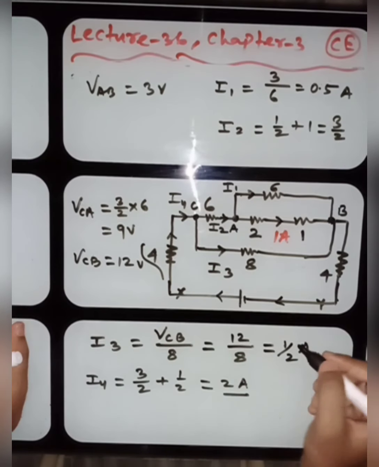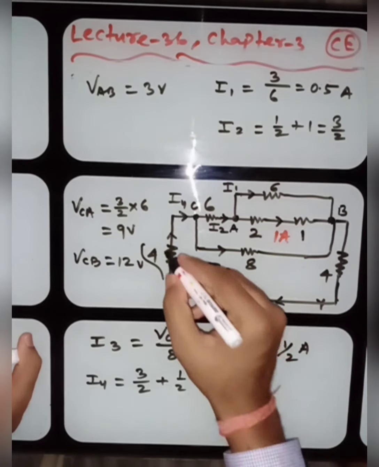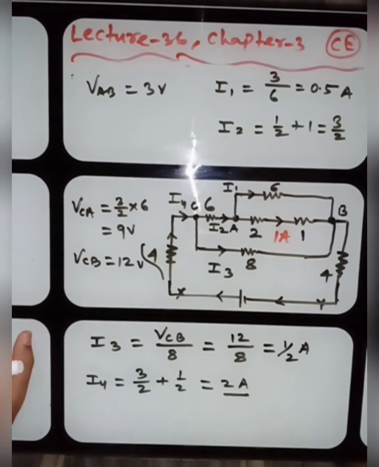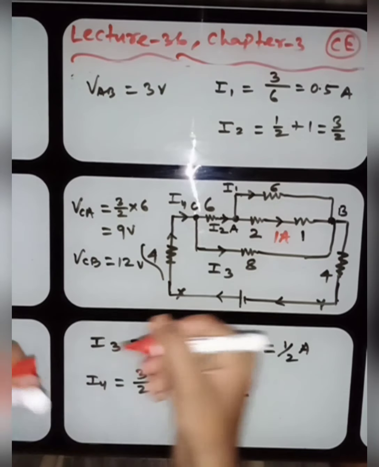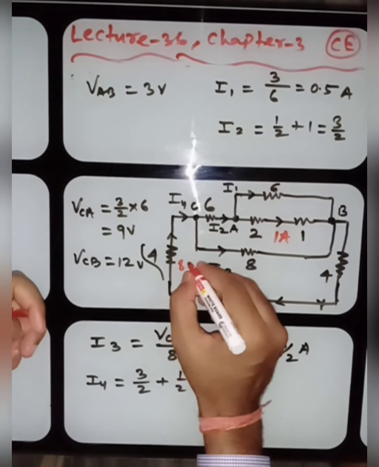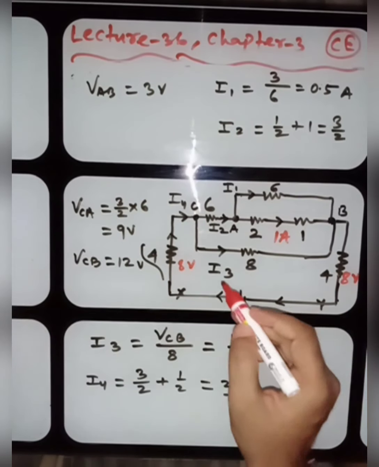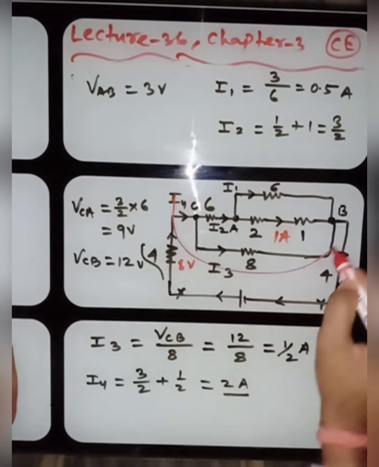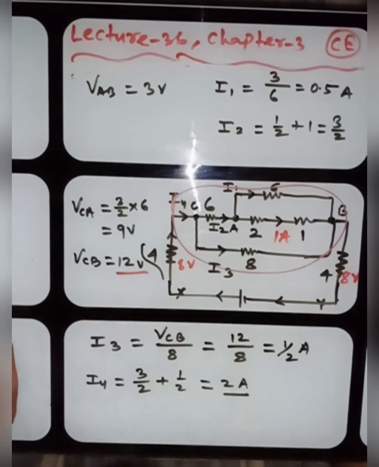Then how much current will it receive? 2 ampere again. And if it is 2 ampere, then what will be the potential across here and here? The 2 ampere will drop 8 volt over here, and here 8 volt. And what was the potential over here? The total potential between the points C and B was 12 volt.